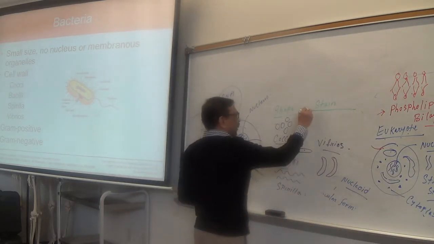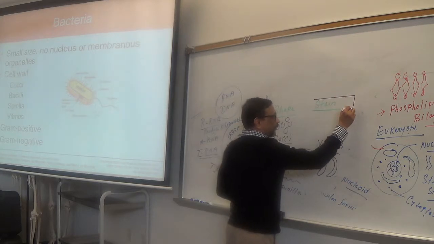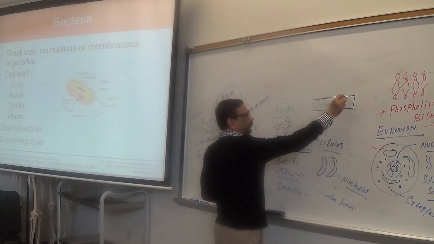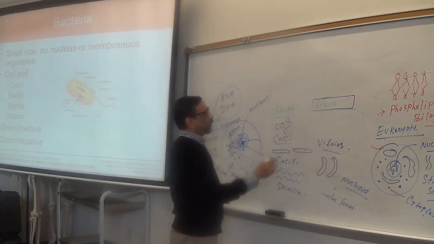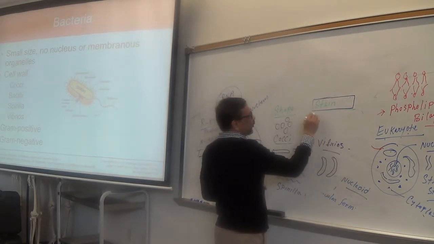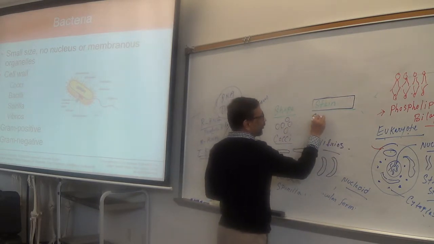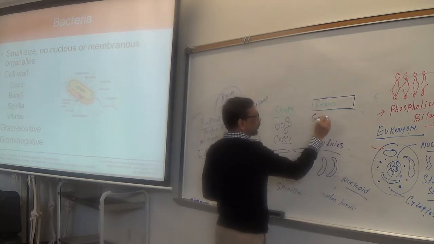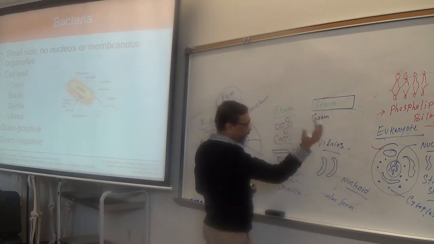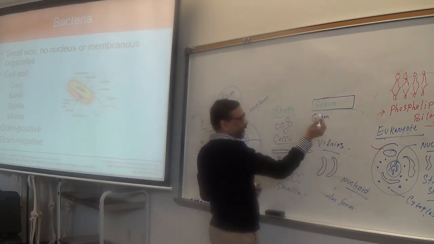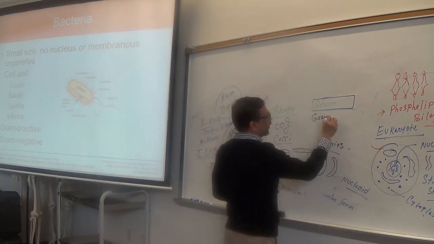Based on the stain that colors the bacteria, we divide the bacteria into gram positive and gram negative. Gram is the name of the stain we use, and it came from the scientist who first discovered that dye.